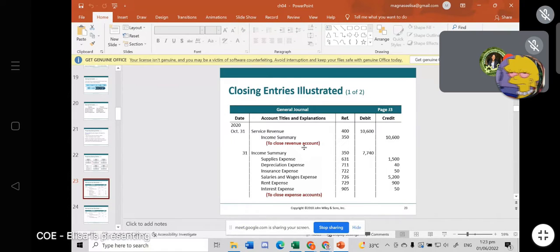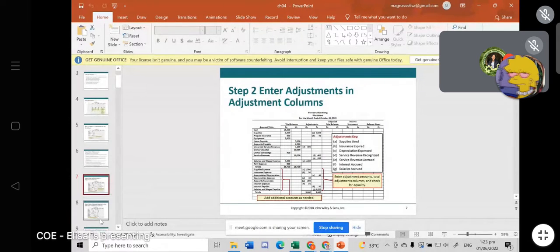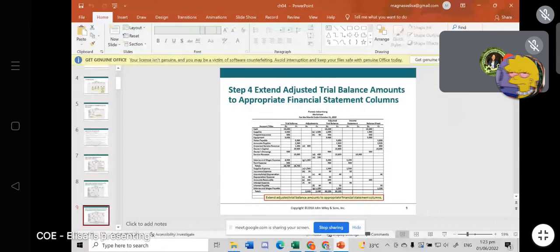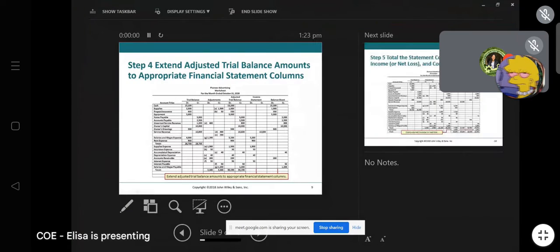If you look at the worksheet of Pioneer, these are the accounts that we will close.